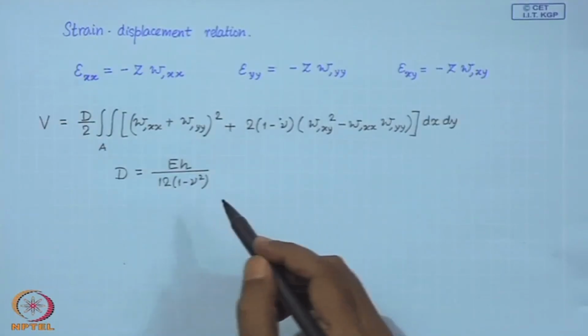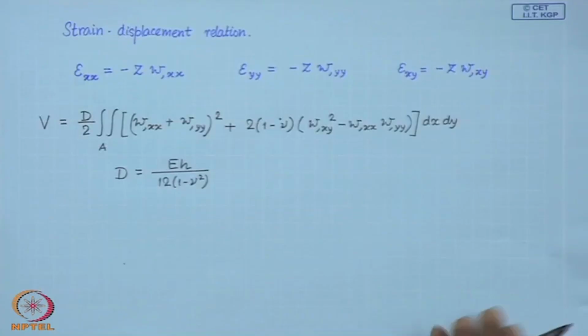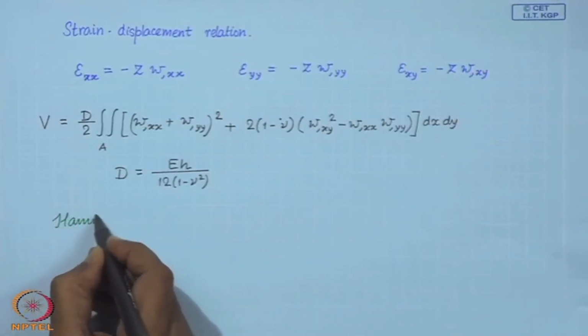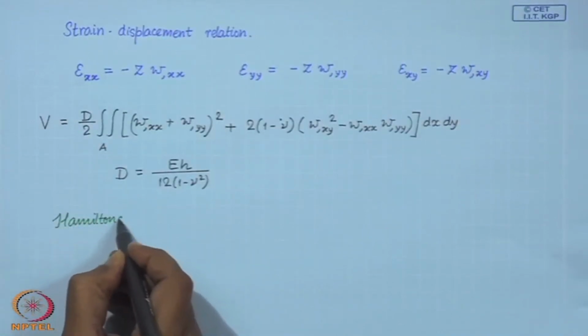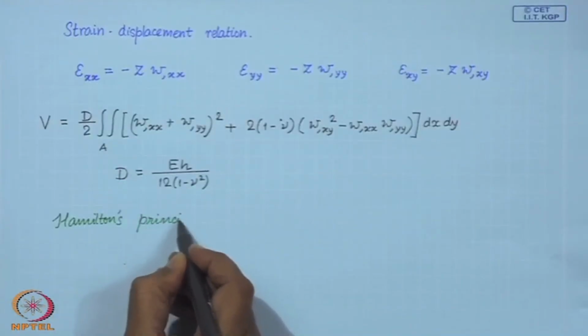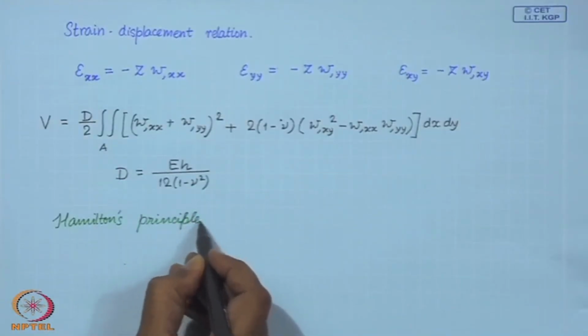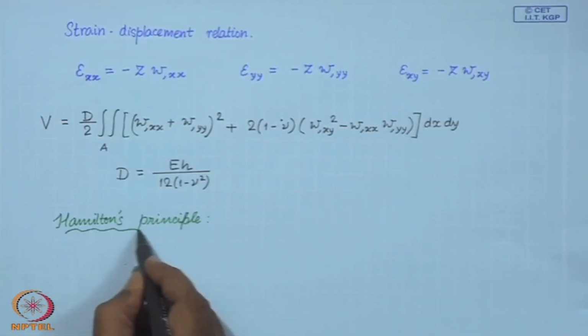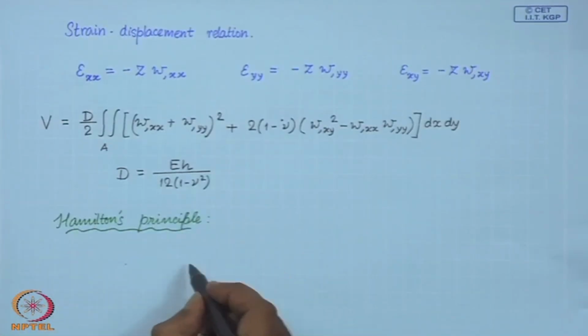Now, with the obtained expressions of kinetic and potential energy, we can use Hamilton's principle to derive the equation of motion.